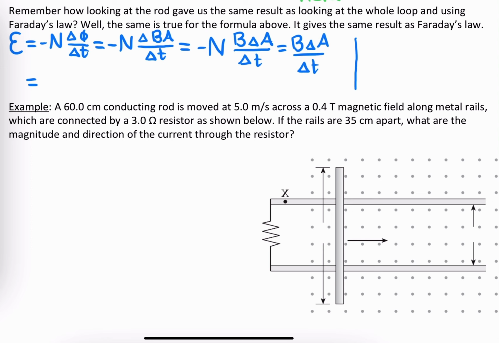So here's the loop. And here's the rod. And that rod is moving to the right. And we'll say, a little while later, the rod's maybe going to be over here.